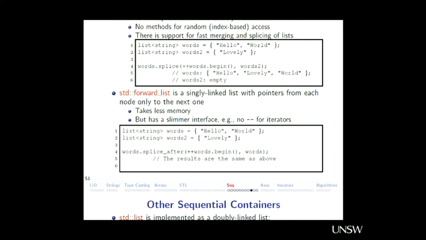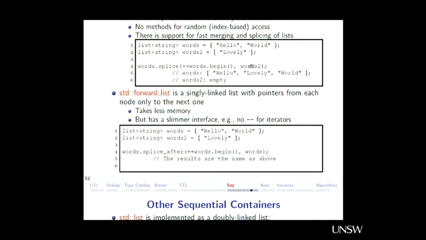We have list, which I've already said is a doubly linked list. There's no method for randomly inserting, but there is support for fast merging and splicing of this. So this hello world, we can splice. We can get words.begin()++, so move to the second location.